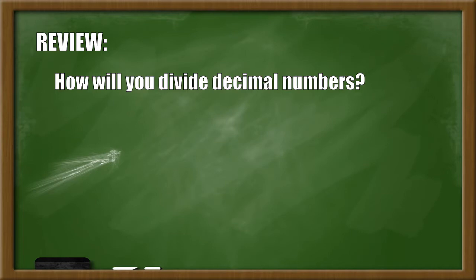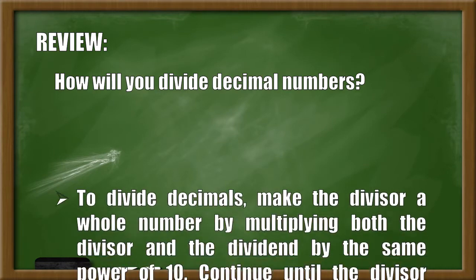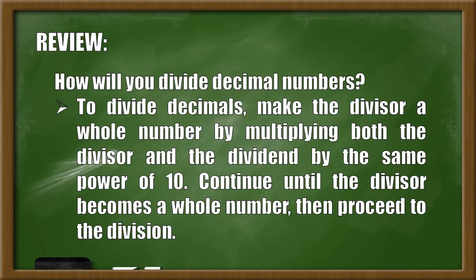Okay, let us answer the question, how will you divide decimal numbers? To divide decimals, make the divisor a whole number by multiplying both the divisor and the dividend by the same power of 10. Continue until the divisor becomes a whole number, then proceed to the division.